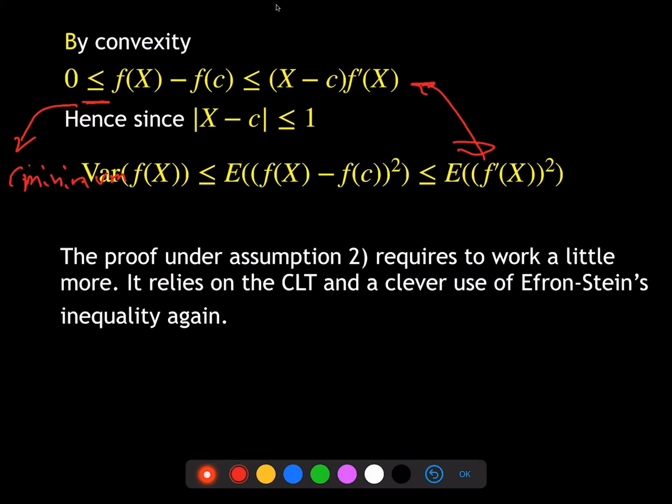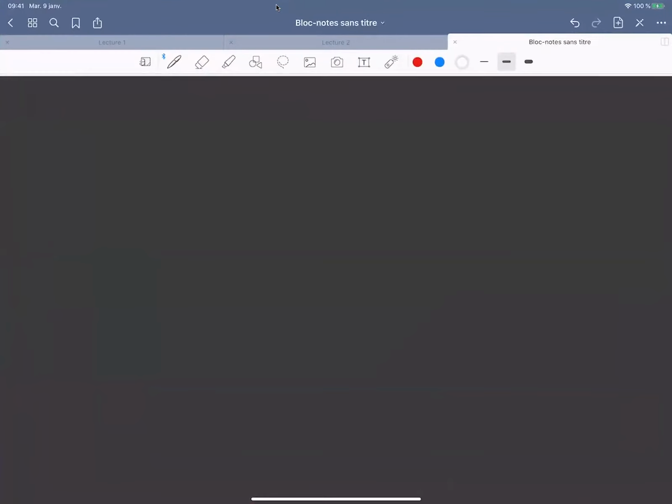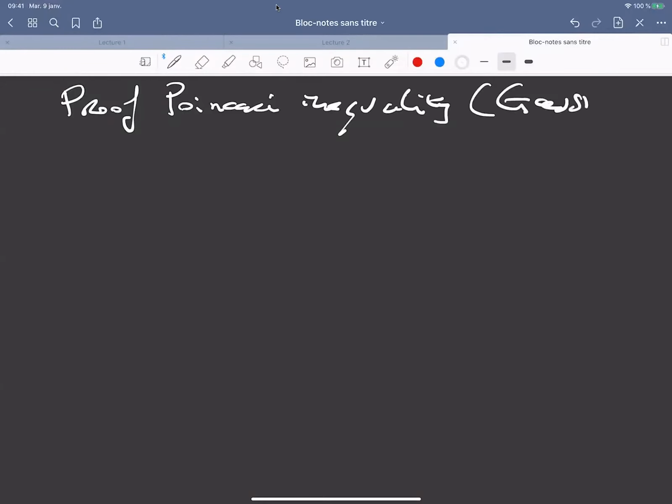So let's see that. So let's see the proof of Poincaré inequality in the Gaussian case.